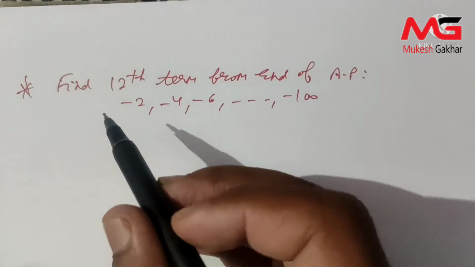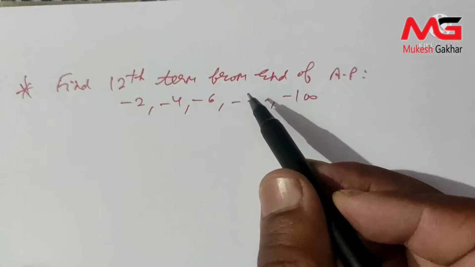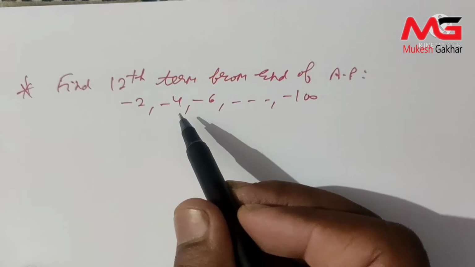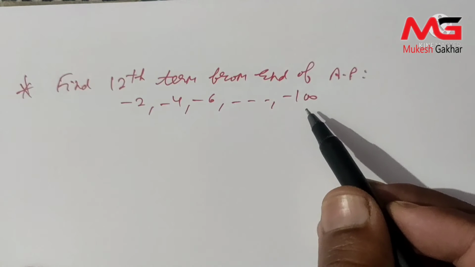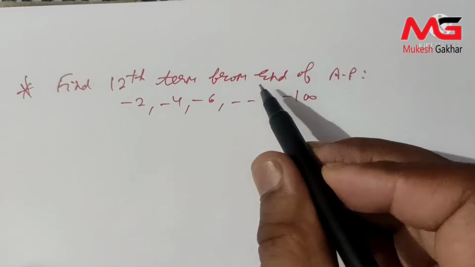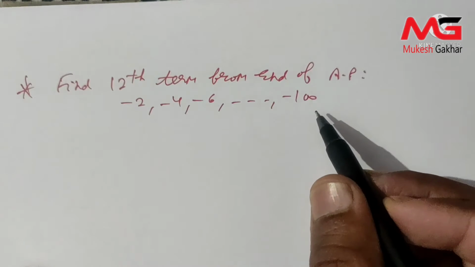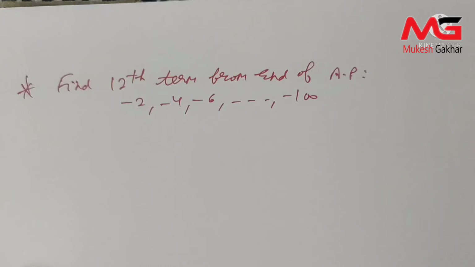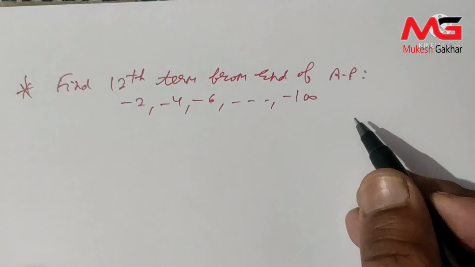Now this question is: find the 12th term from the end of the AP minus 2, minus 4, minus 6, and the last term is minus 100. In this question we have to find the 12th term from the end, means from the right hand side: first, second, third like this. So at first we have to find out how many terms there are.